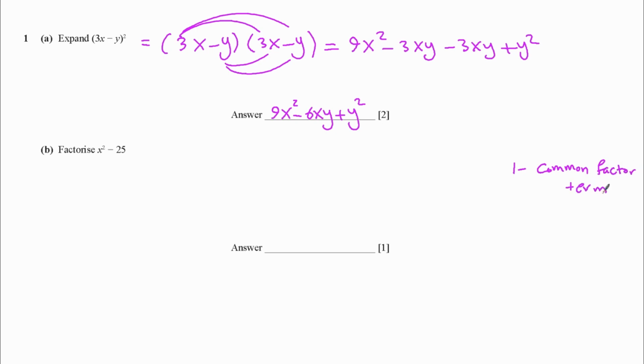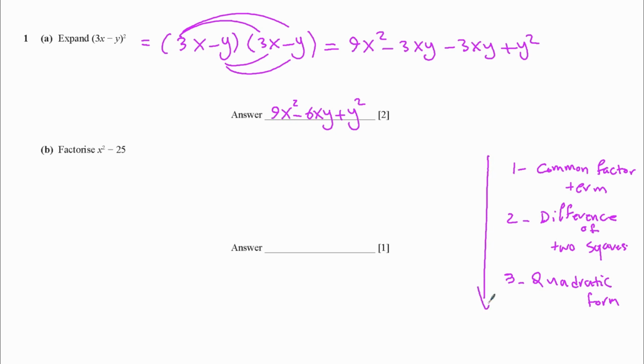The second thing to look for is a difference of two squares. And the third one is a quadratic form. So in this order, try to look at factorizing problems.